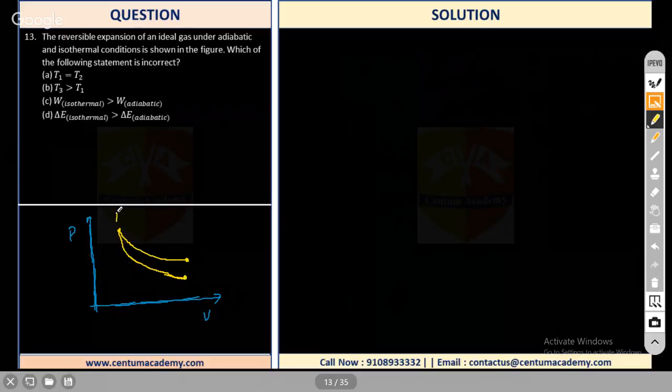Here we have P1, V1 and T1. Here we have P2, V2, T2, and P3, V3, T3.